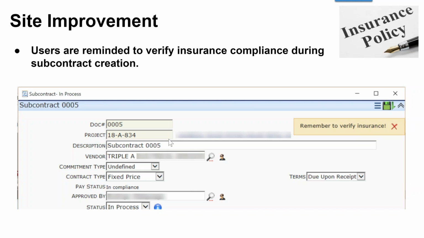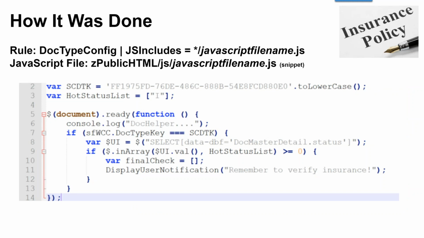For brand new subcontracts, as they're created, there's a message up near that save icon: remember to verify insurance. That's all they needed, was that small reminder that this is the time I'm supposed to do that. People want to do their jobs, they just need a little help remembering now and then. So how did we do this for them?